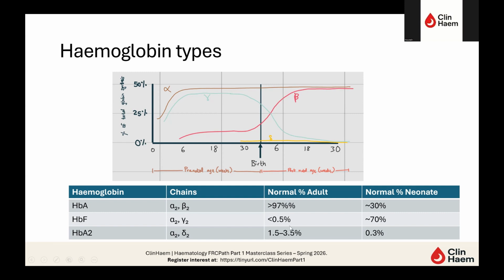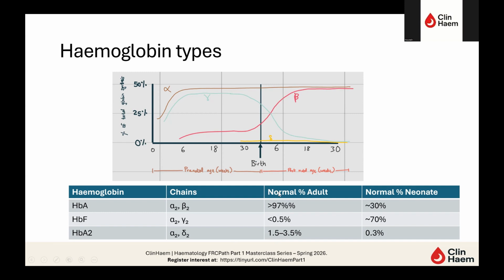So these are some important numbers. You probably already know them by heart, but here is one mnemonic, so to say, to remember. HbA2's upper limit is 3.5, so 1 to 3.5, where 3.5 is the upper limit of normal for HbA2.